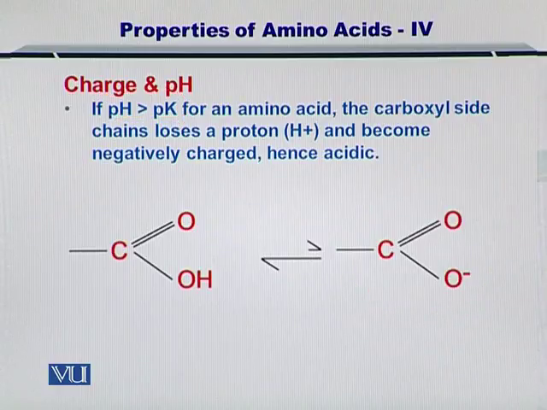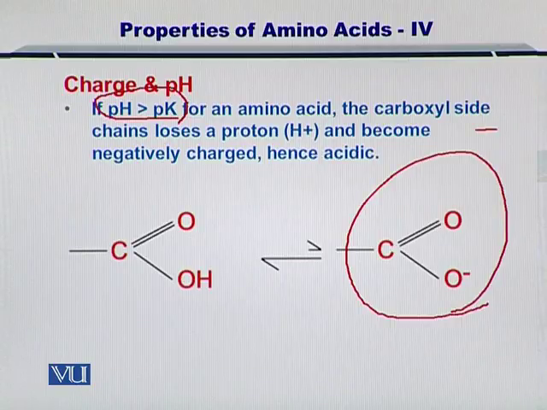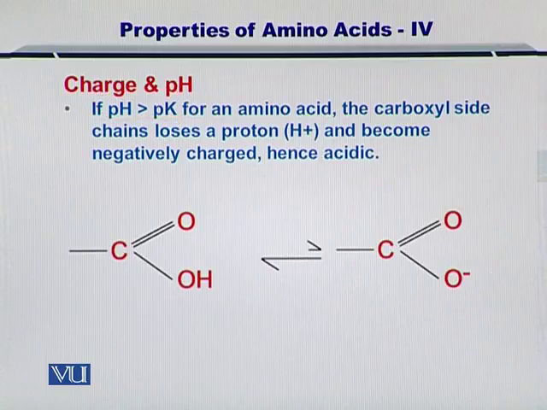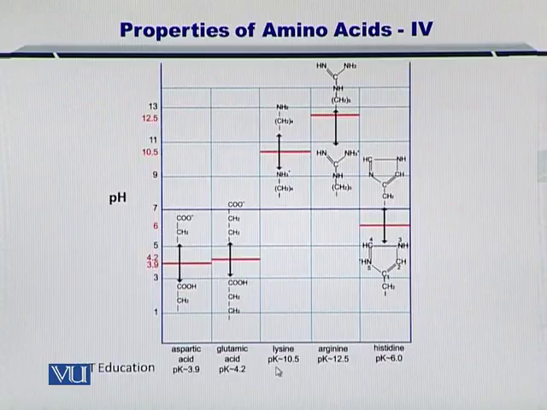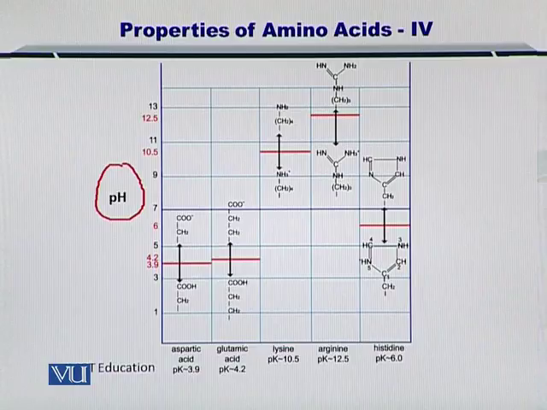So these perturbations in the pK value will tell you how many charges an amino acid has and the state. So towards that, an overview or a complete chart of these 5 amino acids is shown here. The pH is provided on the vertical axis here, and it varies from 0 till 13.